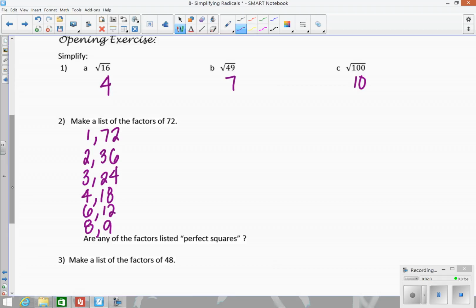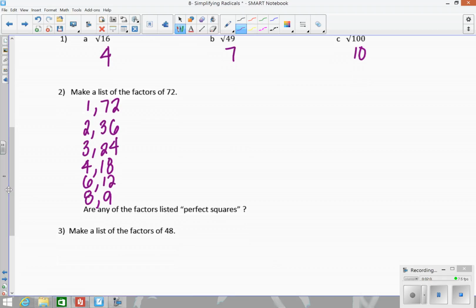Now, if you look at the next question, it says, are any of the factors listed perfect squares? This is what's going to be important for today: being able to come up with the factors, but then knowing which ones are perfect squares. Remember, perfect squares, just to give you a quick refresher, are whenever you square a number.